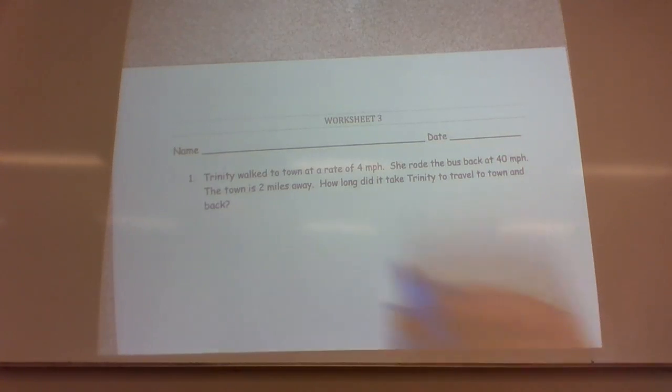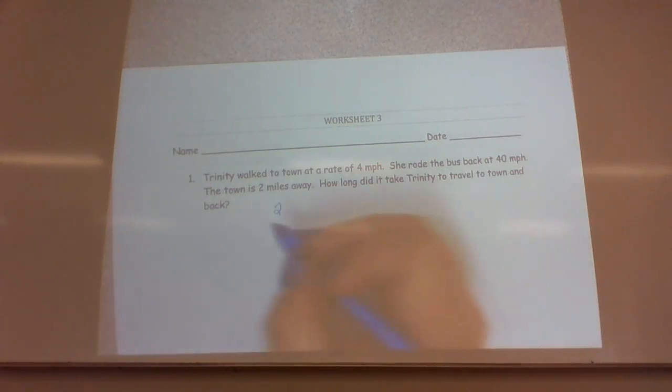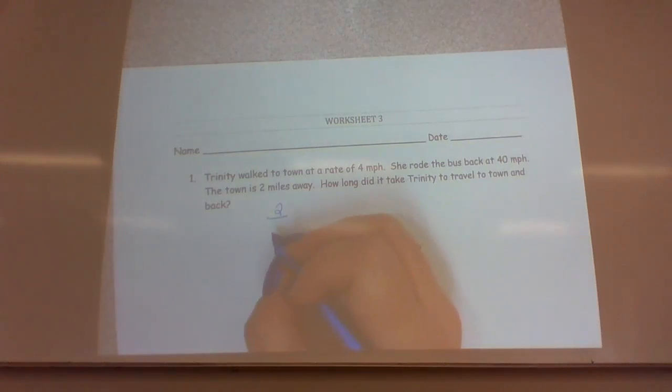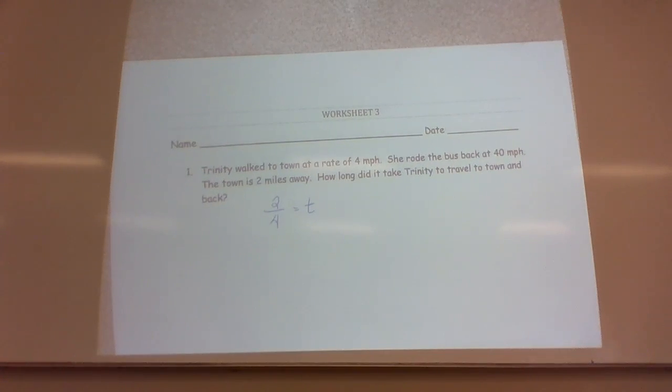So, the distance is 2. We don't know the time. The rate is 4. So this first one, we're going to divide 2 by 4.